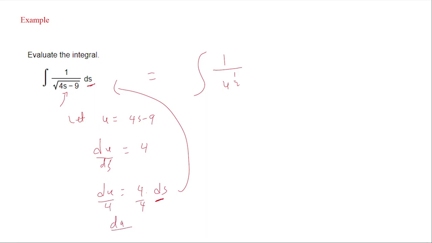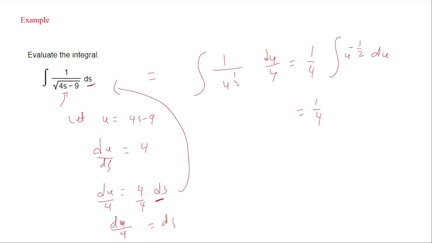So we change ds in terms of du, which is du over 4. Now I can bring this 4 outside, so that will be 1 over 4, and I'm bringing this u to the top by changing the sign of the exponent, u to the power negative half, du. So finding the integration of this is equivalent to finding the integration of this.